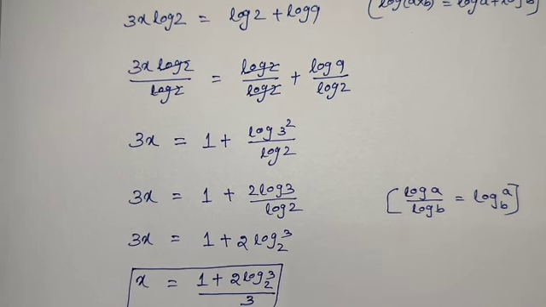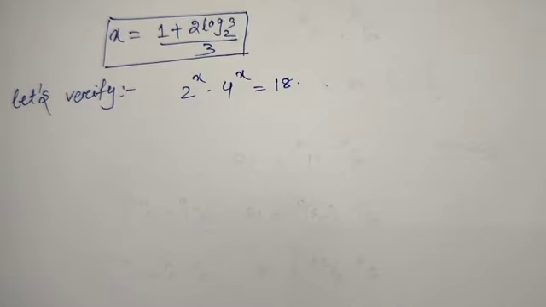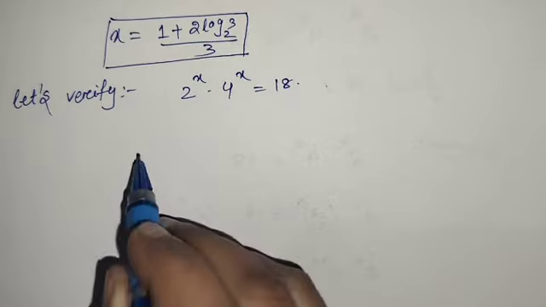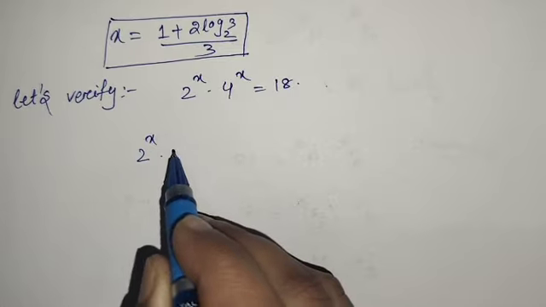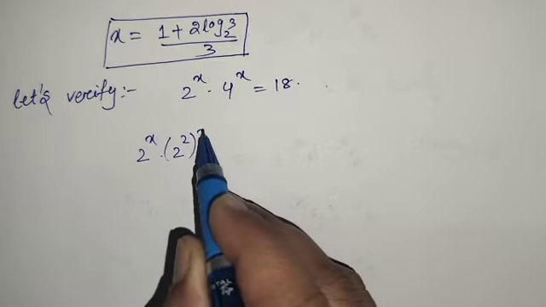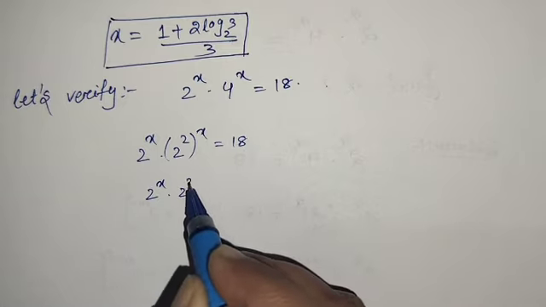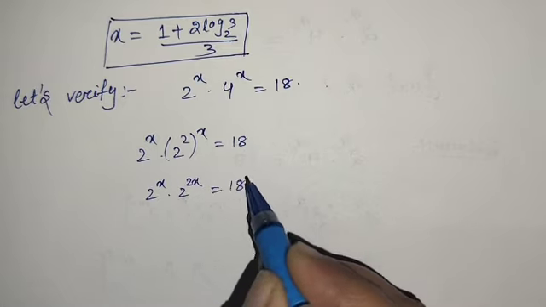Let's verify, is it the correct answer or wrong? Let's verify. This is our value. Then 2 to the power x into (2 to the power 2) whole to the power x is 18. Then 2 to the power x into 2 to the power 2x is 18.